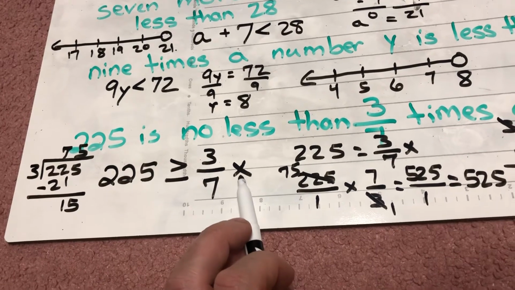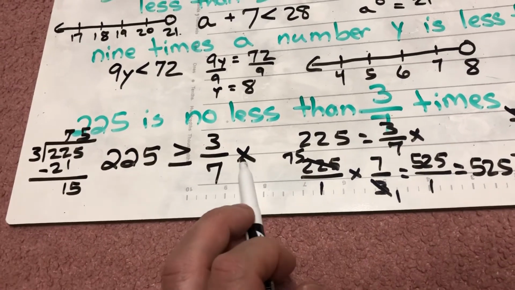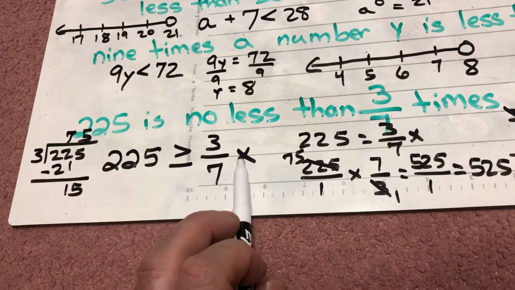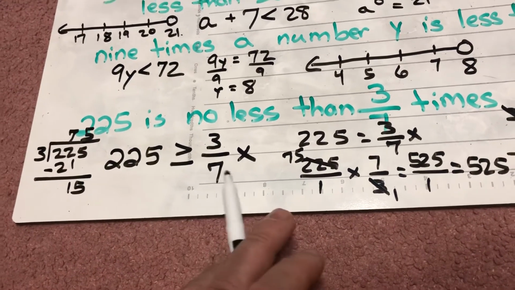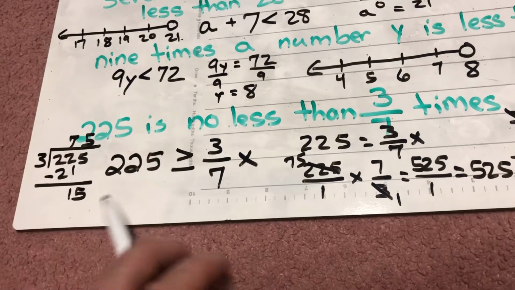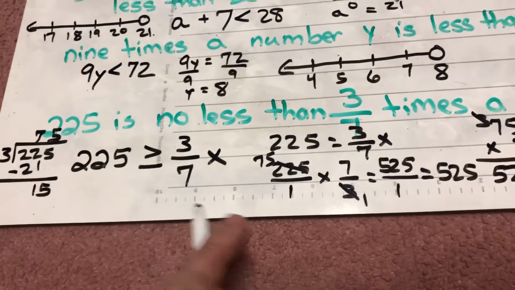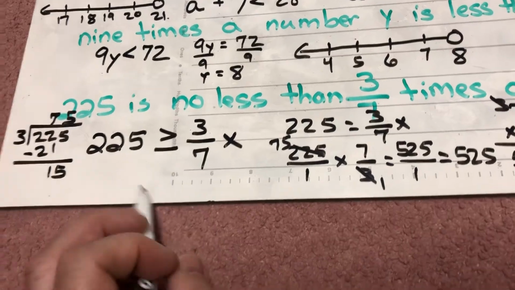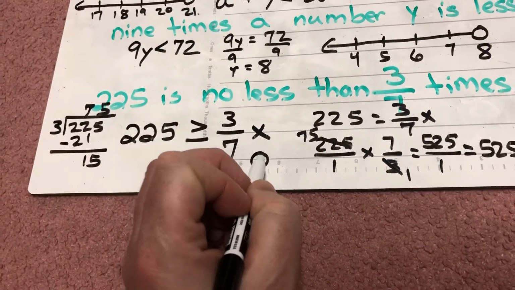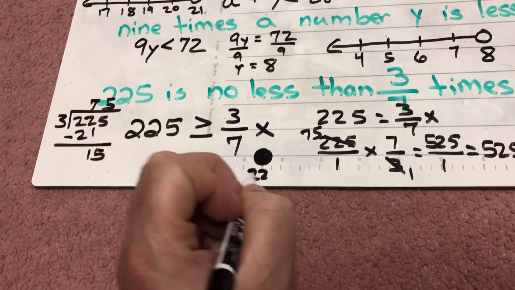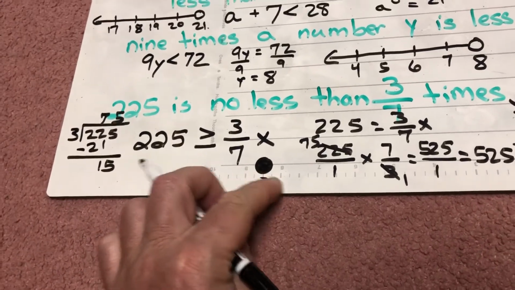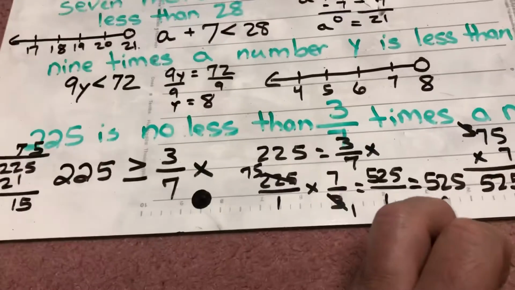So don't be confused, once again, when the x is on the right, the variable x is on the smaller side of the inequality, which means my graph has to go to the left because it's on the smaller side. Now it's less than or equal to, so it's going to be a shaded circle that starts at 525.